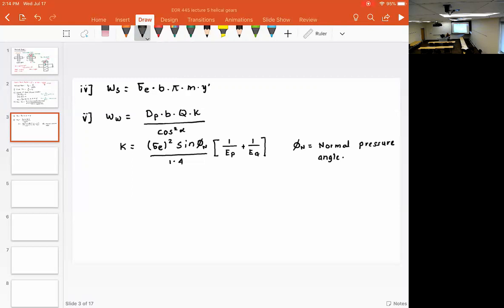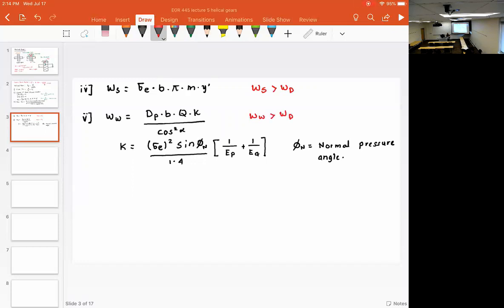And obviously, for gear design to be safe, WS has to be greater than WD. So is WW. WW is greater than WD.